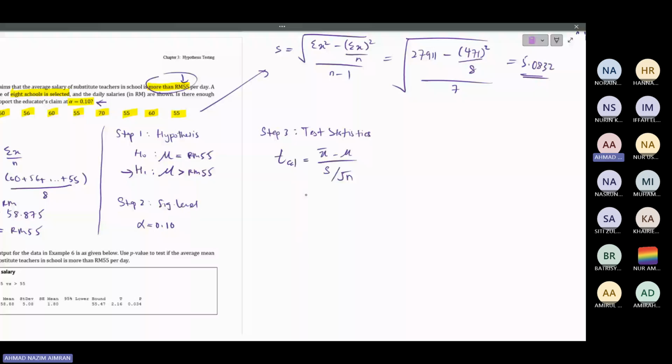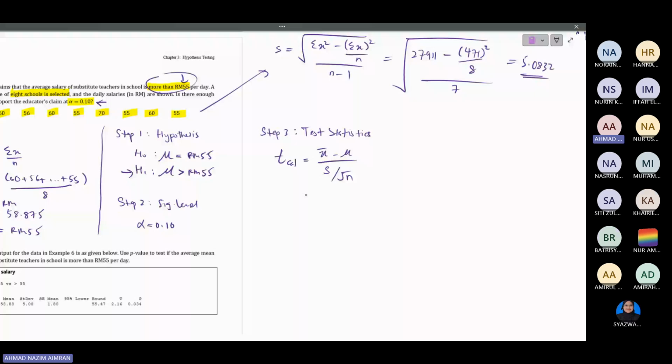And x bar is equal to, again, what is our x bar? 58.875. 58.875 minus mu that we want to test, 55, over this value, 5.0832 over square root of n. So the T calculated is equal to 2.1562.